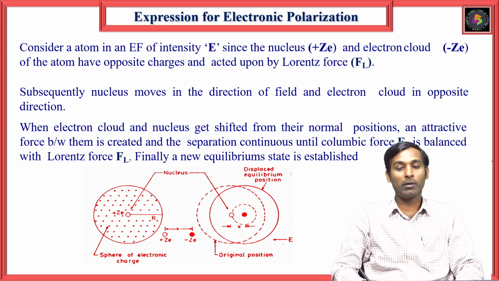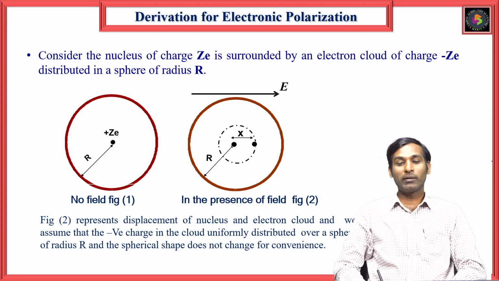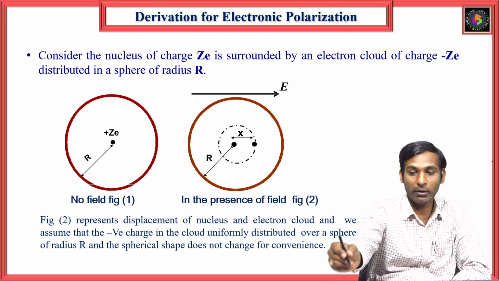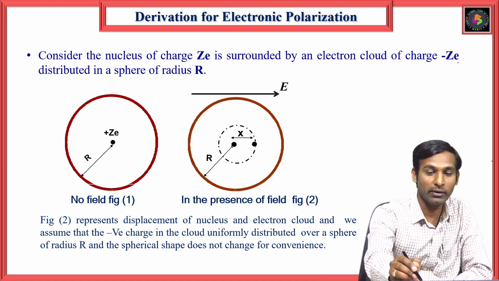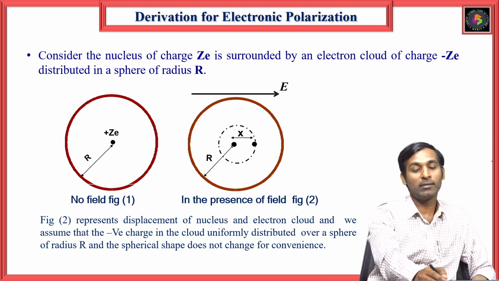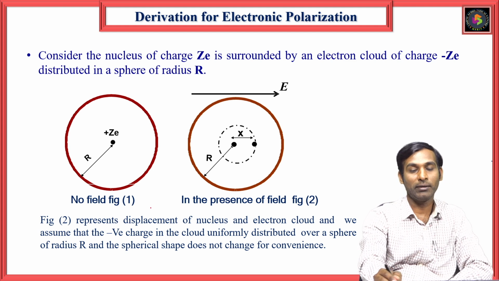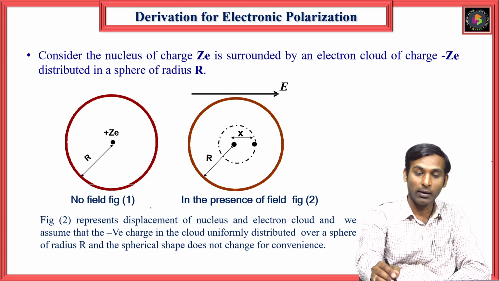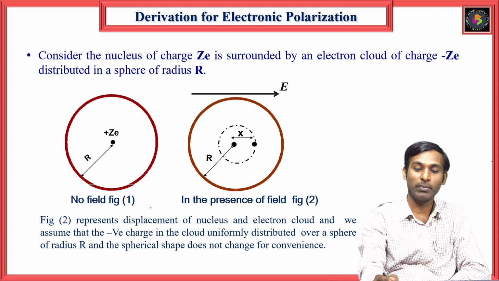Consider a nucleus of charge Ze surrounded by an electron cloud of charge minus Ze distributed in a sphere of radius r. In the diagram you can see the structure in the absence of an external electric field, and once the field is applied, how the nucleus is displaced.